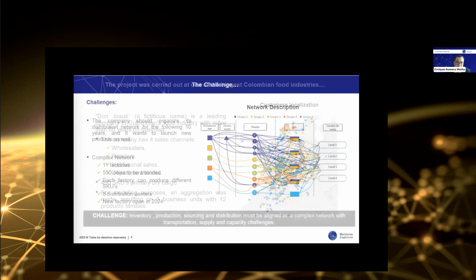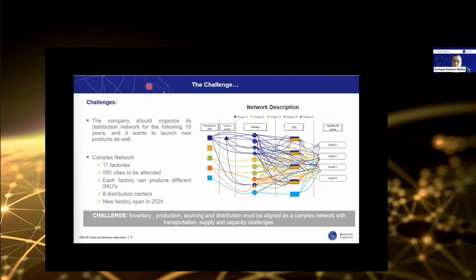And let me show you a little bit how this supply chain works, okay? We have a kind of raw material supplier and some, let's say, first stage warehouses, then factories, then other warehouses for managing the final distribution, and then we get the sales channels: retailers, wholesalers, institutional sales, and so on.